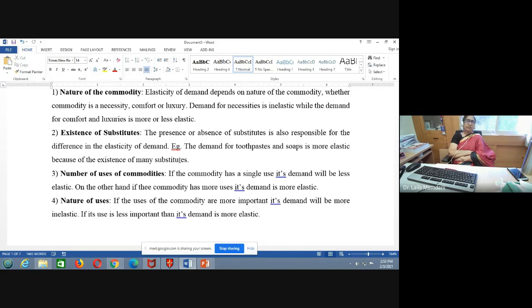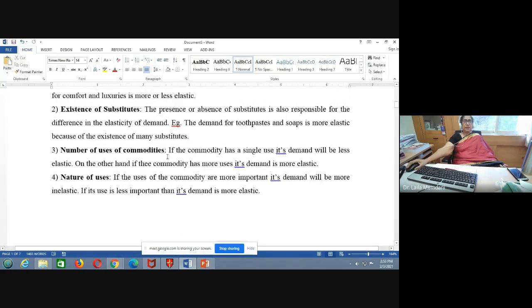Of course, electric bikes and electric cars are coming up, but they are still not popular. So the demand is inelastic. For a product for which substitutes are not available, or there are no close substitutes, demand will be inelastic. For products for which there are a number of substitutes, the demand will be elastic.